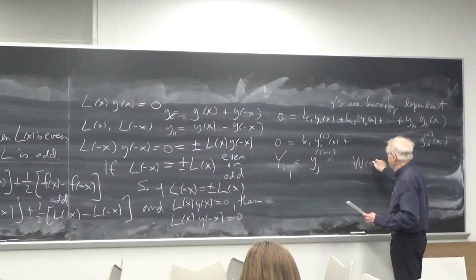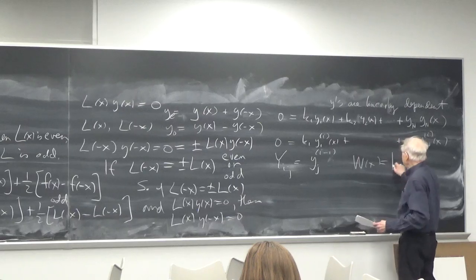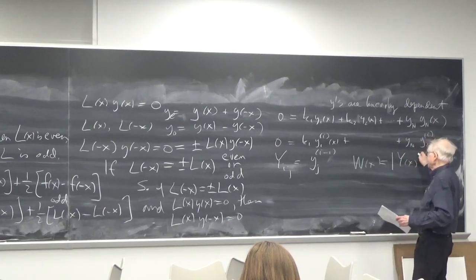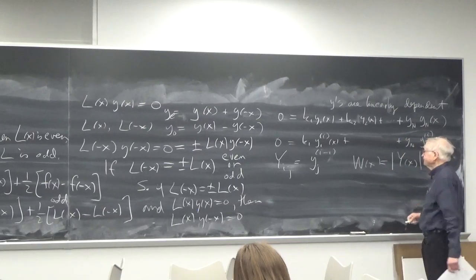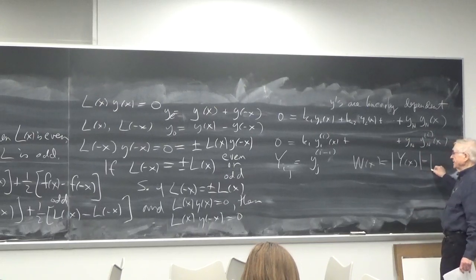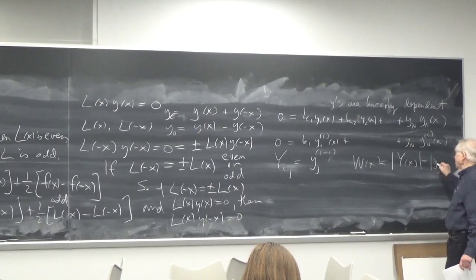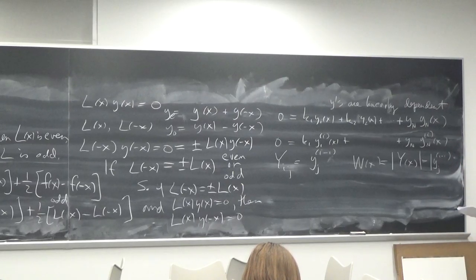that's called the Wronskian. So the Wronskian is the determinant of the matrix y of x, which is to say the determinant of the i minus first derivative of y_j, i labeling rows, and j the columns.